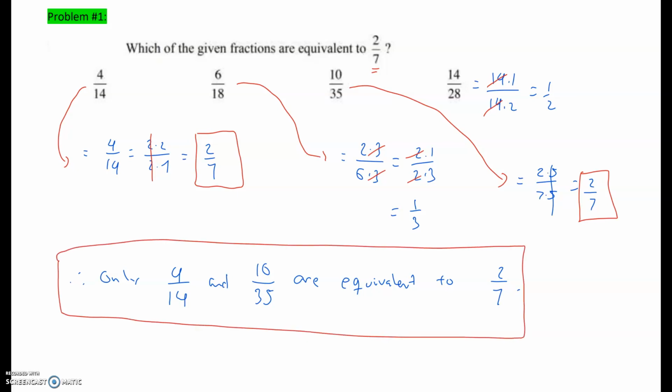That's actually it for this problem. I didn't box in the 6/18 or the 14/28 because they reduced to another value. So we're only looking at 2 of these, and this is supposed to be a 0. Let me fix it.